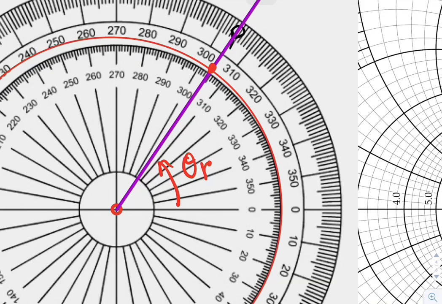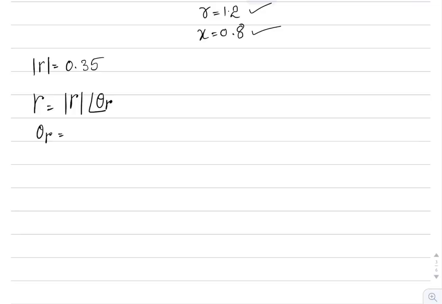If you measure this angle starting from this line: 10, 20, 30, 40, 50, and then this part is some 6 degrees. So the total is 56 degrees. Theta gamma equal to 56 degrees. That implies I can write gamma equal to 0.35 angle 56 degrees.